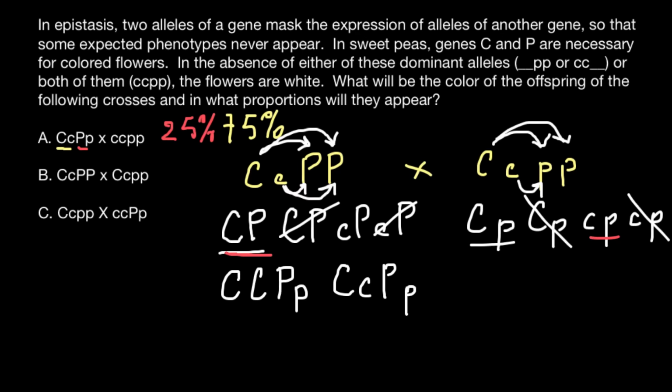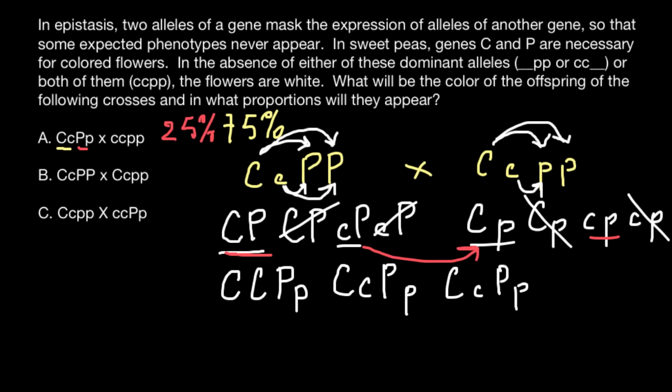And now let's do the same for the second allelic pair that is here, and we cross with this variant, and this is going to be capital C, small c, and capital P, small p.